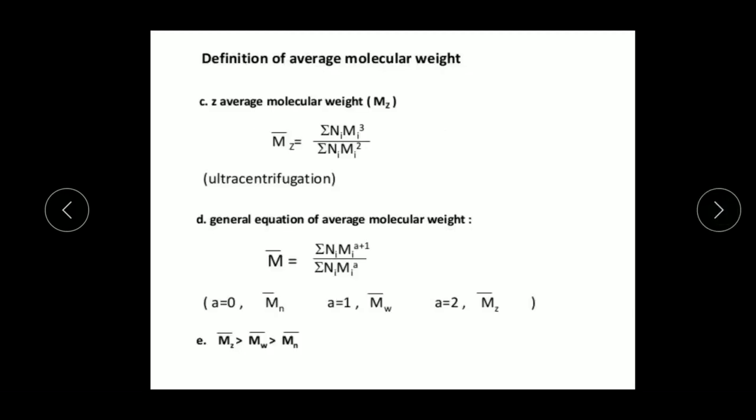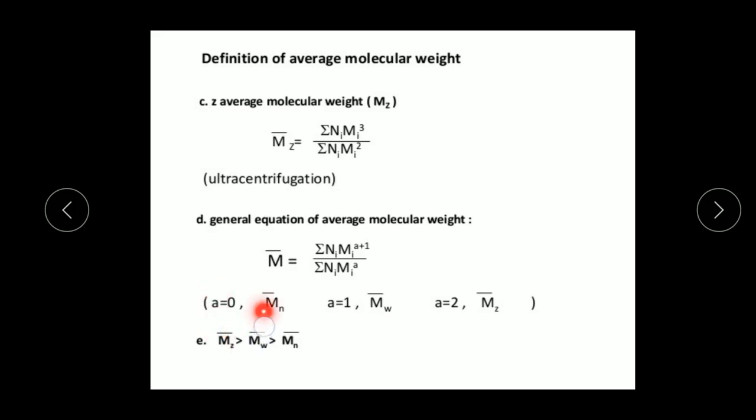Third is the z-average molecular weight, represented as Mz bar, equal to the summation of ni mi cubed divided by the summation of ni mi squared. The last one is the general equation of average molecular weight. M bar is equal to the summation of ni mi to the power of a plus 1 divided by the summation of ni mi to the power of a. The viscosity average molecular weight, Mv, also makes use of the term a.